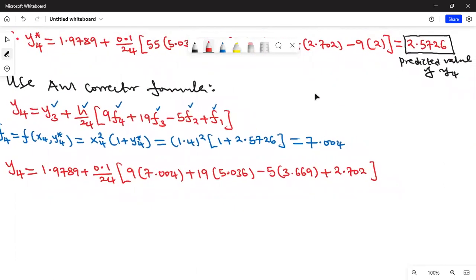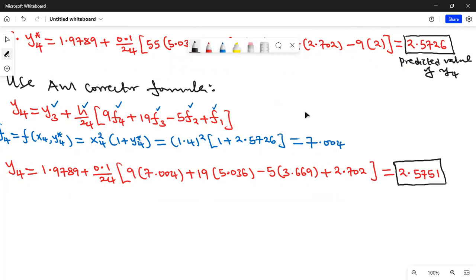Press this in your calculator. You need to get the value of Y4, the corrected value, as 2.5751, correct to 4 decimal places. So this is the value of Y when X is 1.4.